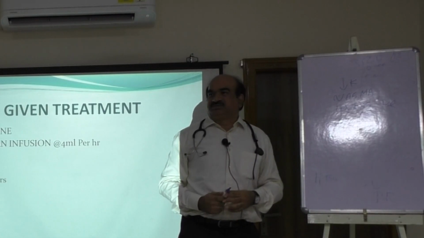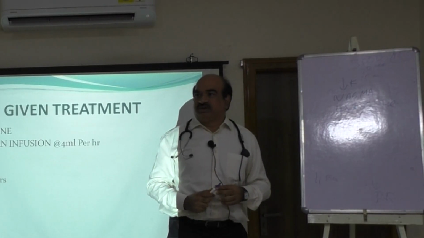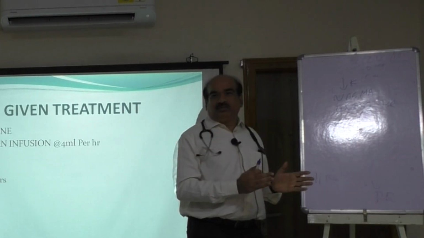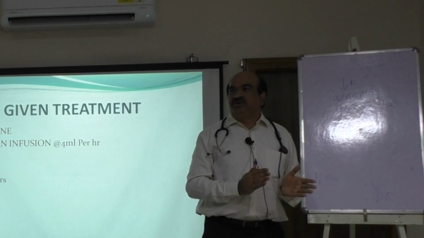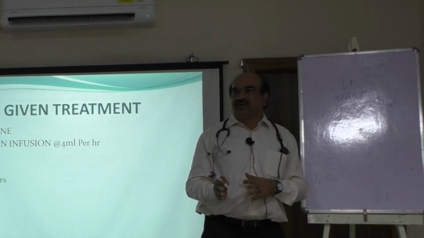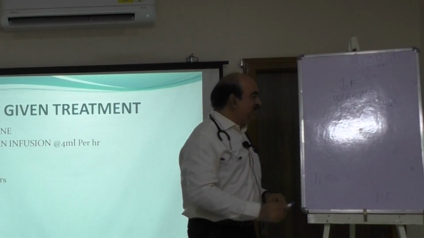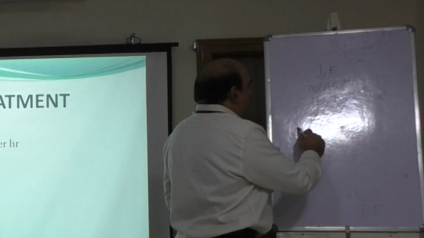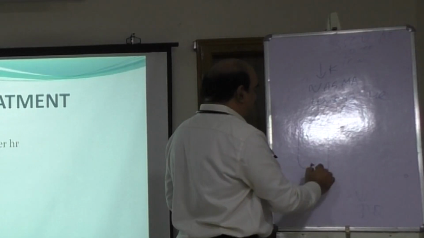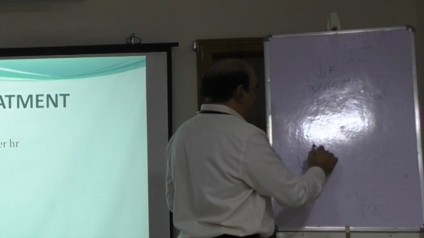Why is it negative? How do you measure urine anion gap? Basically, anion gap is the difference between unmeasured anions and unmeasured cations. But in urine, the measurable cations are sodium and potassium.